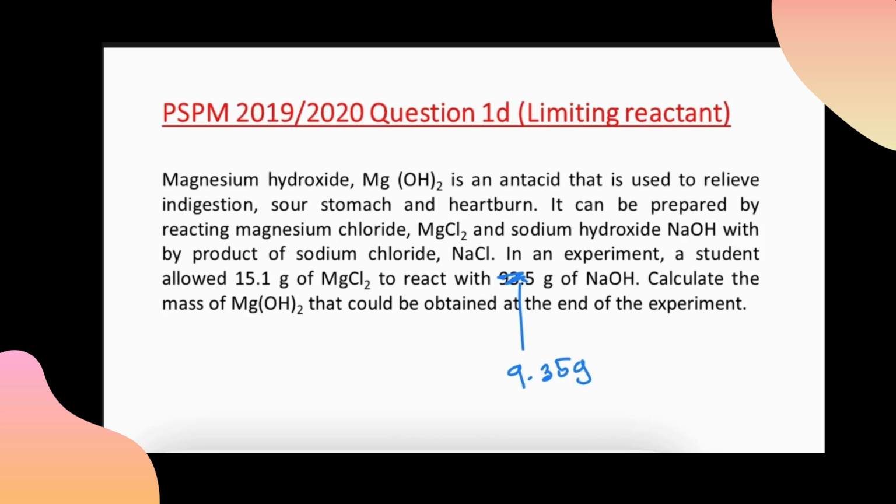So because it involves a chemical reaction, to solve the problem you need to write a balanced chemical equation first. We know that the reaction is between magnesium chloride and sodium hydroxide, producing magnesium hydroxide and sodium chloride.